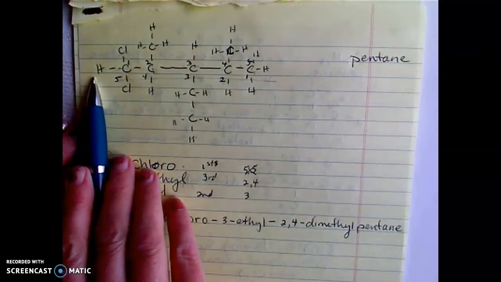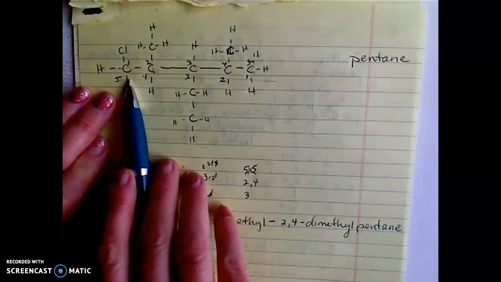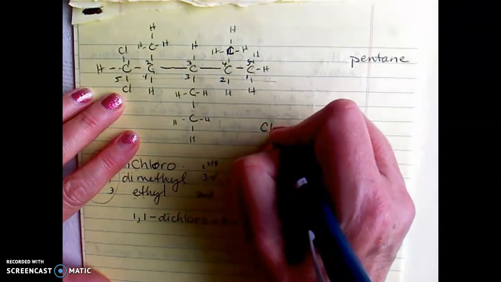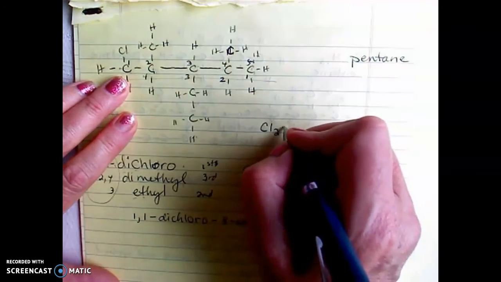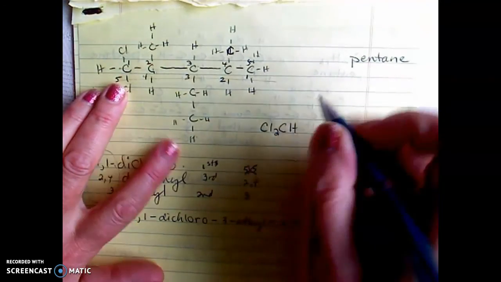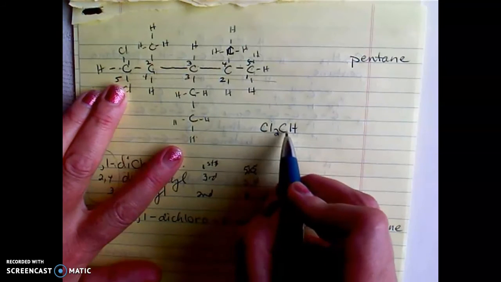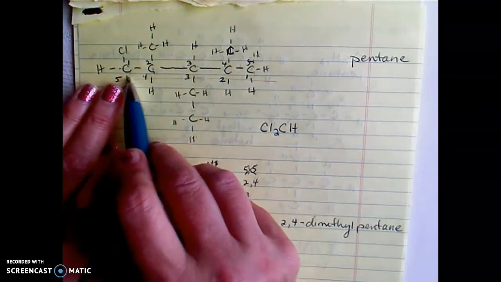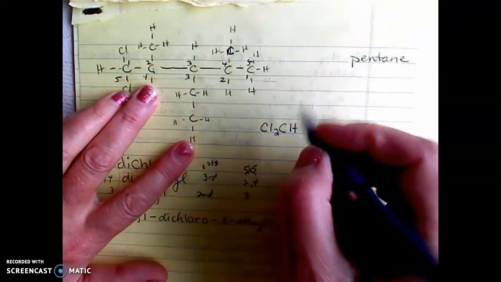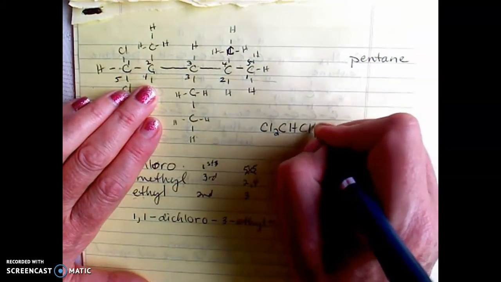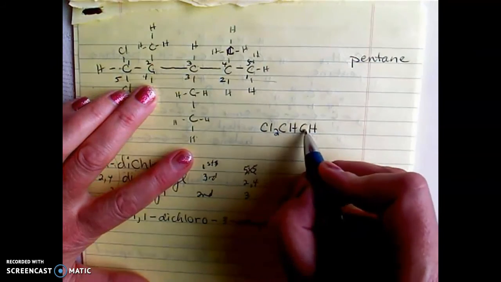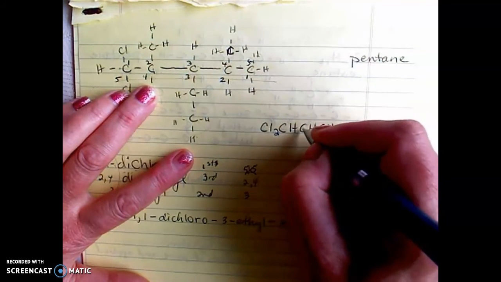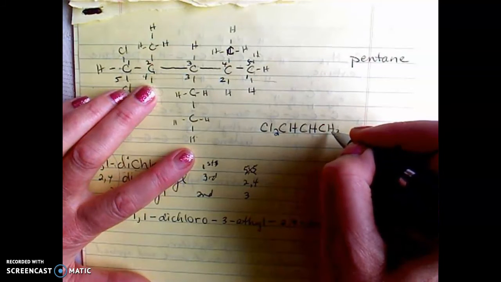The way this one is drawn right now, if I were to go a condensed structural formula, I'd have Cl2, and then I'd go C, and I have my H. This indicates that this C right here is going to have an H off of it and 2 Cl's off of it. Then it's going to show my next one, and that would be CH. Because this CH is bonded to this, but then I also have a CH3 branching off of this one.